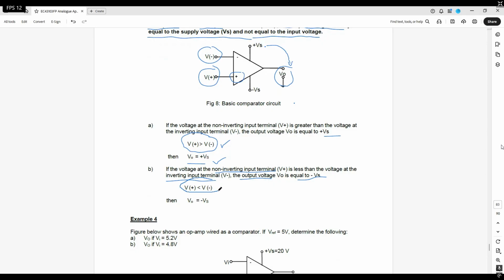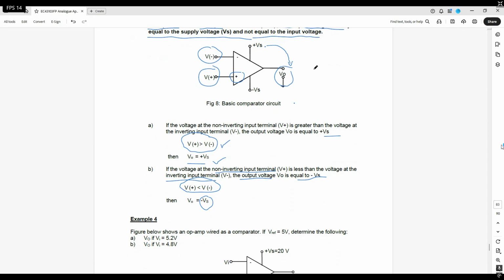This condition must be fulfilled first. Then now V out equals negative Vs. Be careful, negative, not positive, negative. So there are basically two conditions to determine the output.